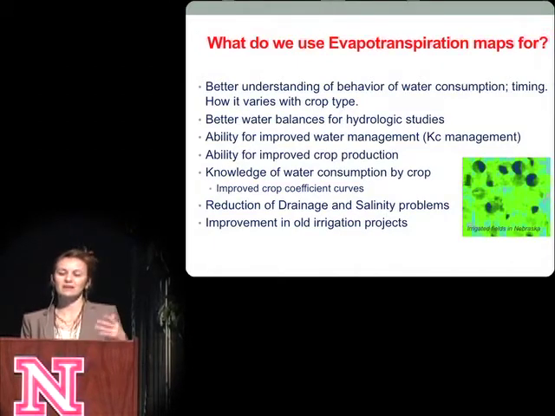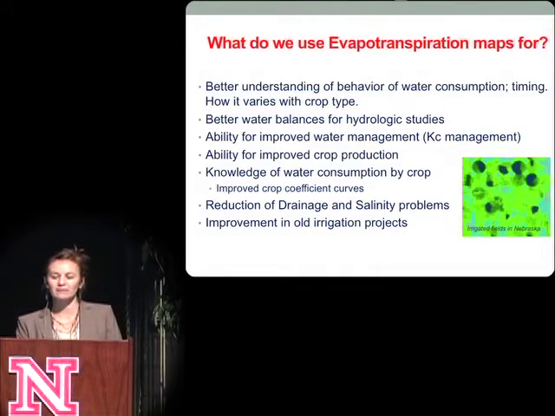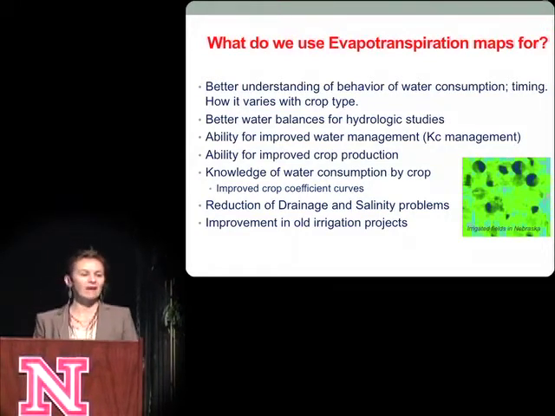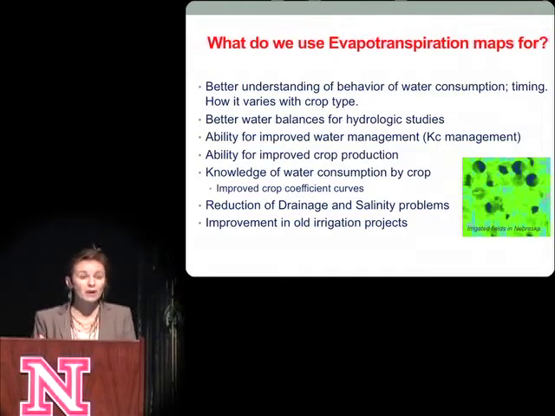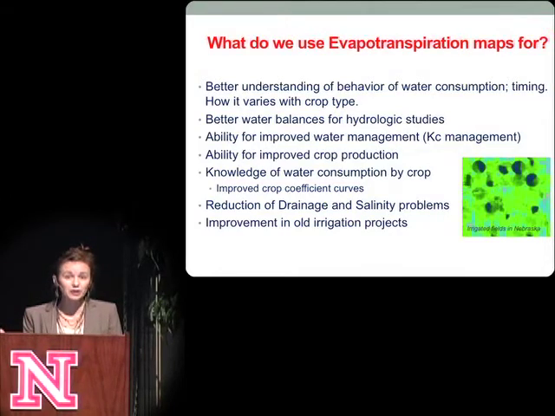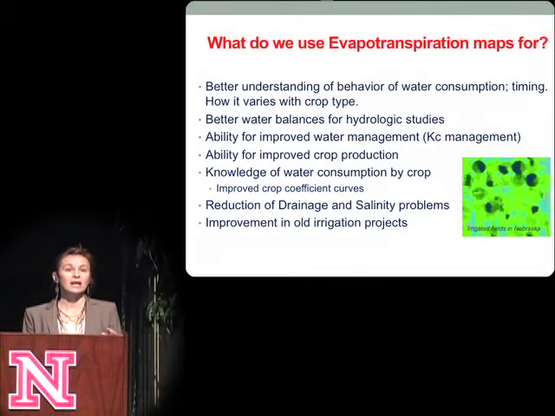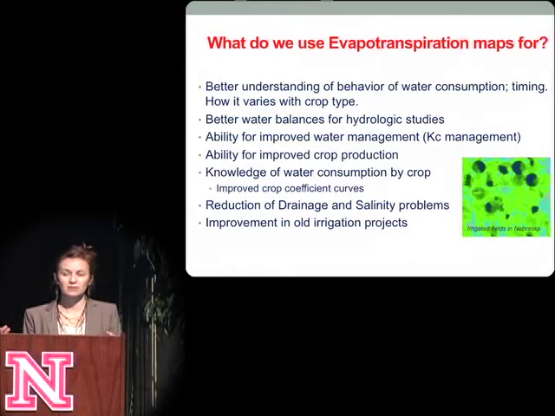What are the ET maps good for? What do I get out of the ET maps? We have a better understanding of how much water is being used, when it's being used, and... what do you think the third one is?